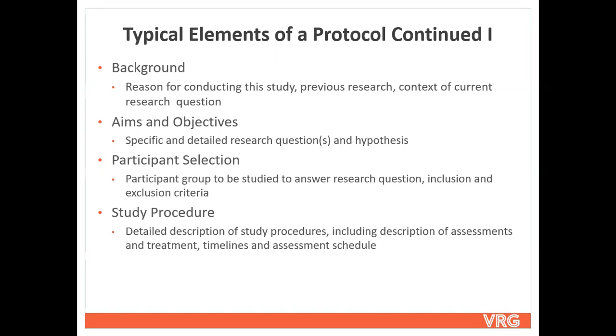Your next section is participant selection, and that will have details on what group you need to include to answer your research question. So it will have a list of inclusion and exclusion criteria. These are typically things like, let's say you're looking at participants age 18 through 65, male and female. They have to have a specific diagnosis or a specific amount of symptoms on a specific scale.